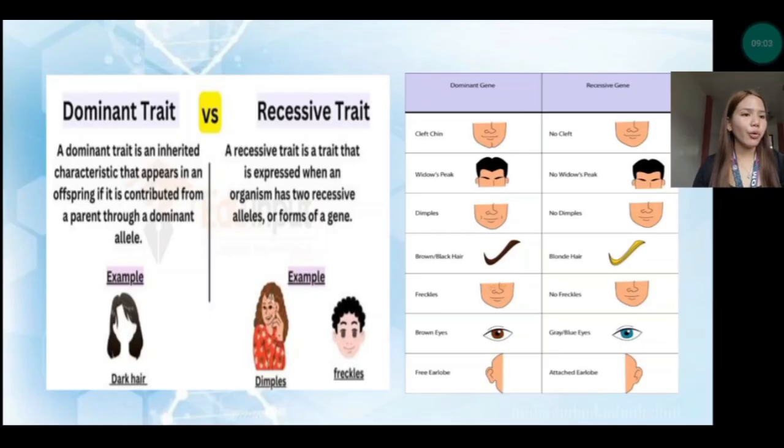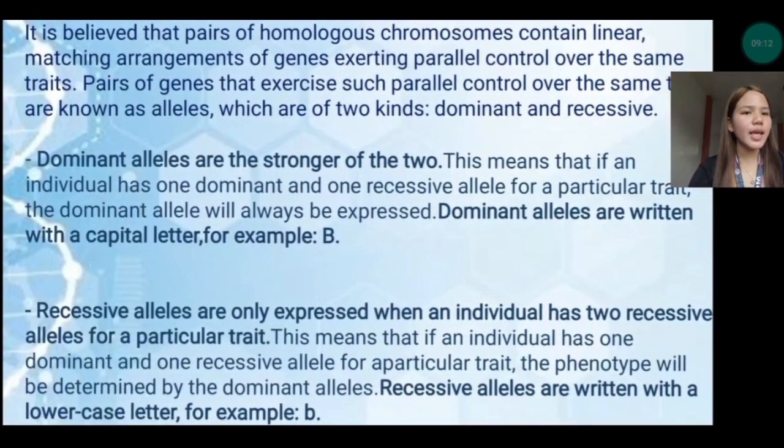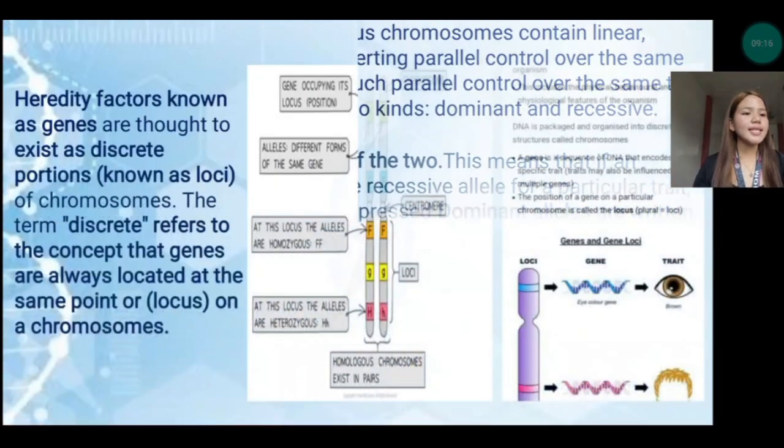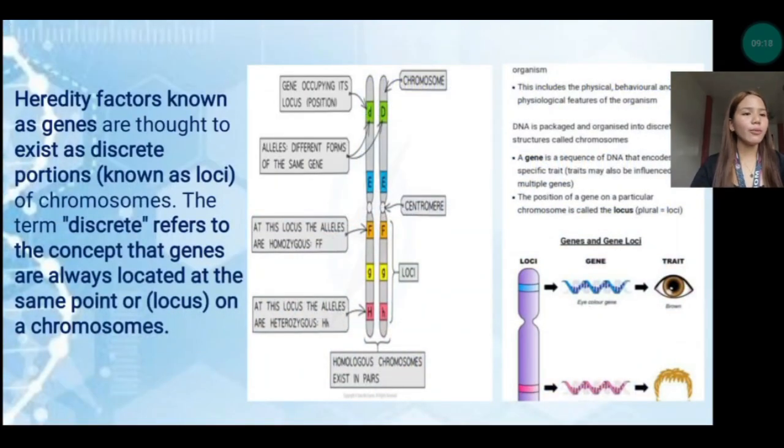So, ang ma-show gihapon ana or mag-express gihapon ana ang recessive gihapon. So, always remember po nga ang atuang Lucy, makita ni siya inside sa atuang DNA. Kumbaga naa siya sa center, naka-discrete portion ni siya.